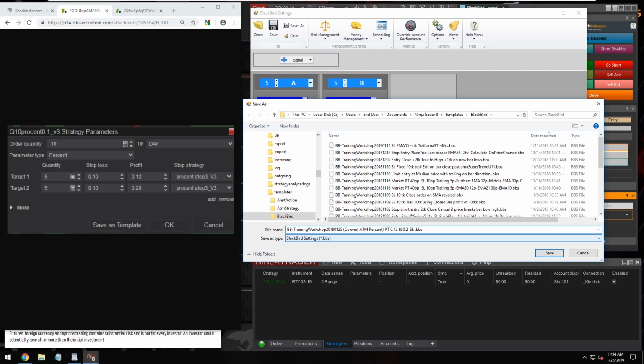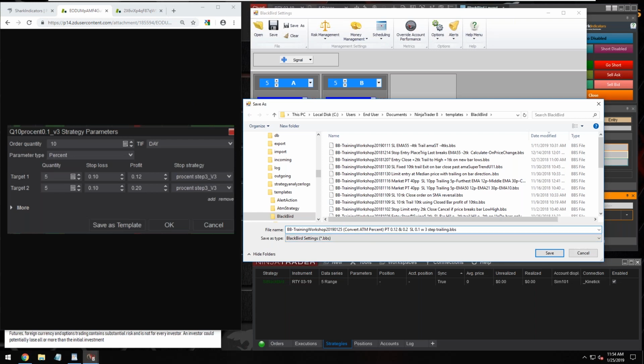They're both 1% stop loss, with 3-step trailing. Yeah, it'd be an awful long file name if I tried to explain all the trailing, so we'll just leave it at that.